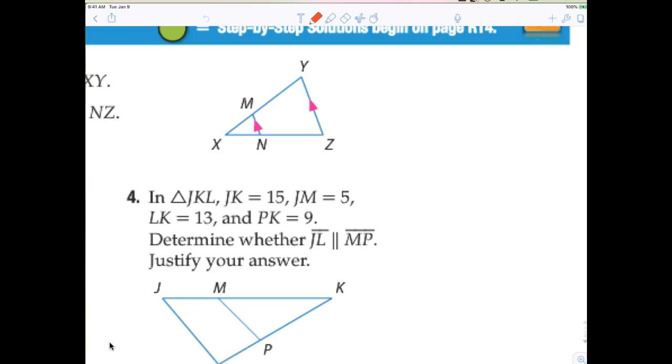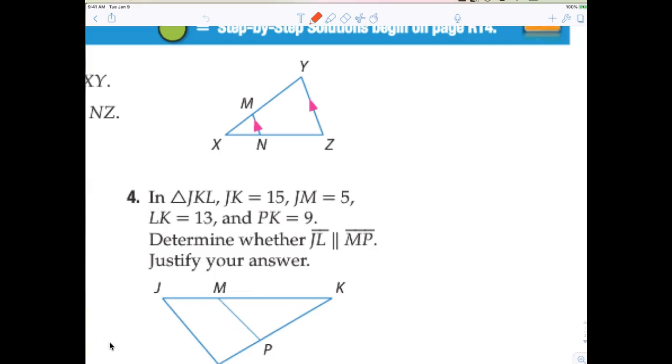Why is it XM over XN equals XY? It can be also, it just wouldn't be the same ratio. For example, this could be 2 over 3 and this could be 4 over 6.